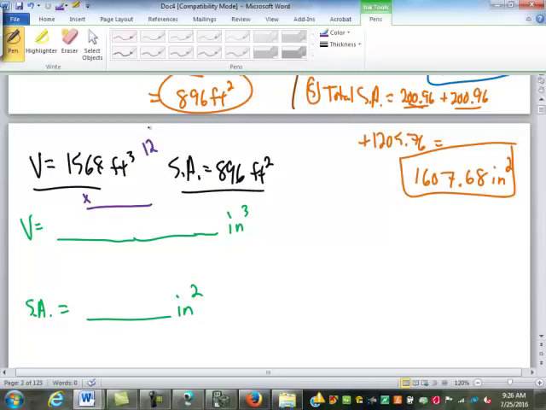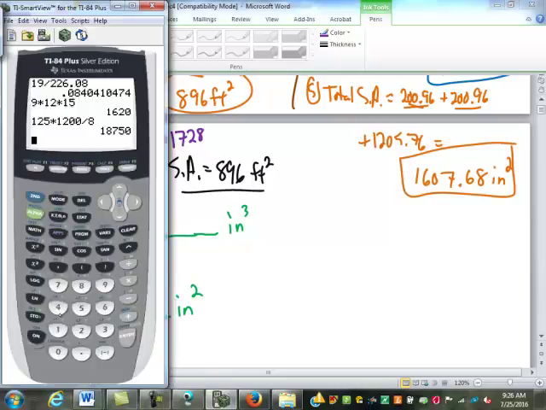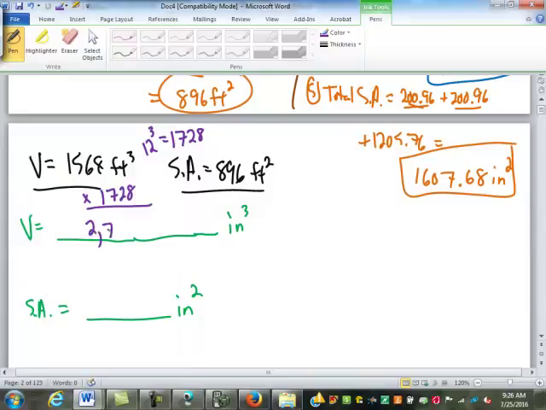Instead of 12, it's going to be 12 cubed, right? 12 times 12 times 12, which is 1,728. So 1568 times 1728 is 2,709,504 cubic inches. How many of you had that?